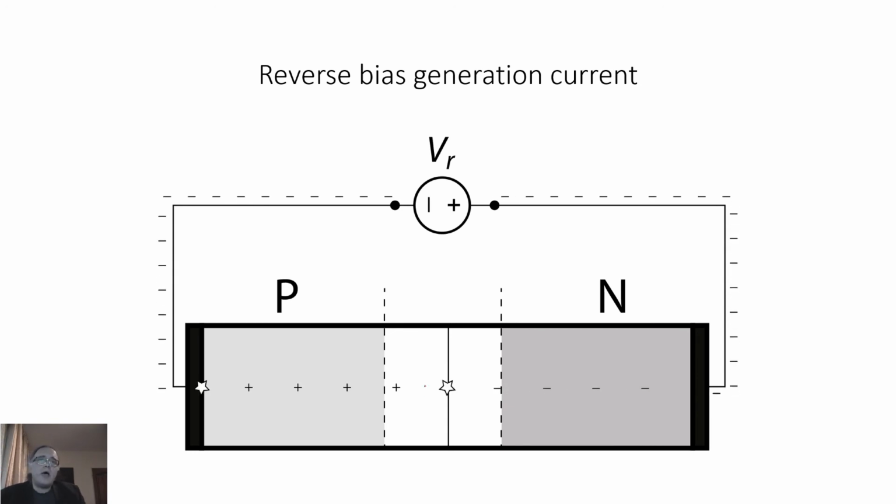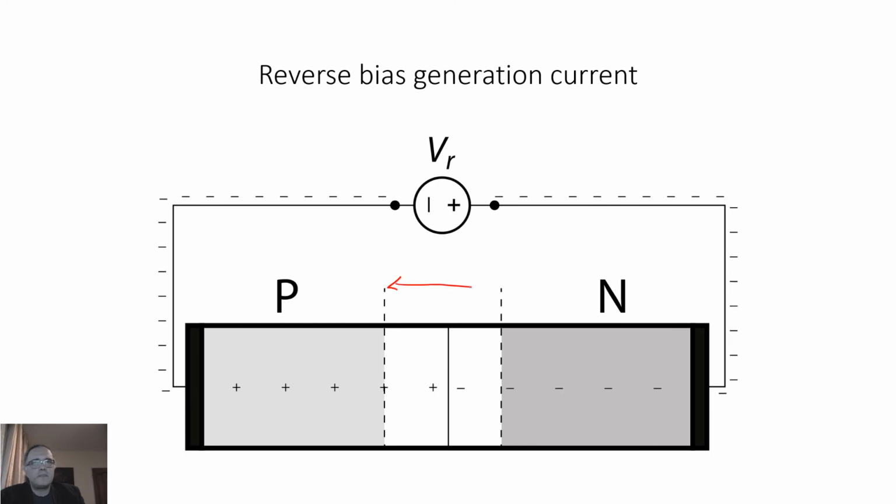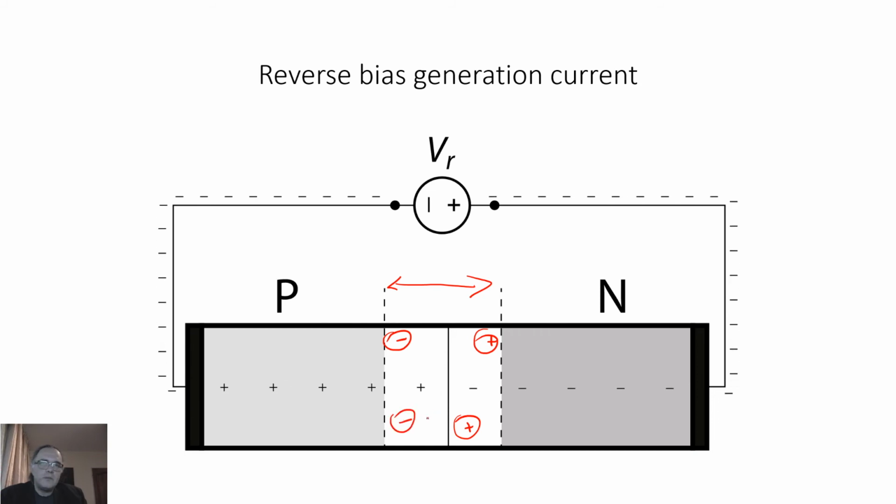Now, what is the dominant process actually is that inside the space charge region there is a thermal generation of hole-electron pairs. So keep in mind that the space charge region is not only the ions due to the dopants, but there are still silicon atoms.